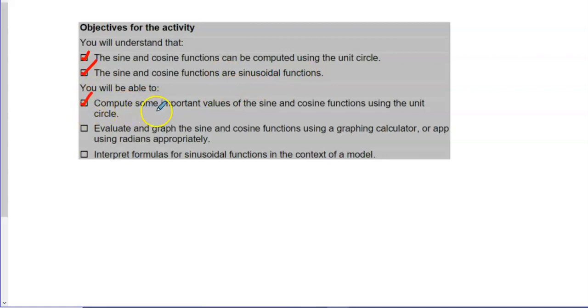You will be able to compute some important values of the sine and cosine functions using the unit circle. You will be able to evaluate and graph the sine and cosine functions using a graphing calculator or app using radians appropriately. Interpret formulas for sinusoidal functions in the context of a model.